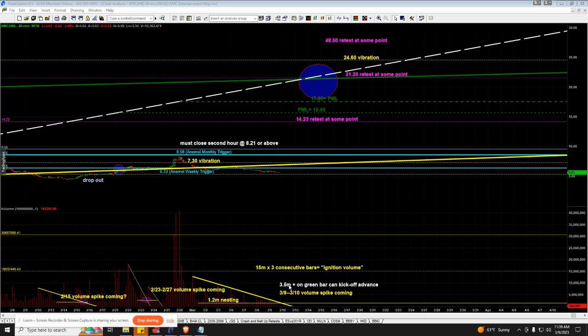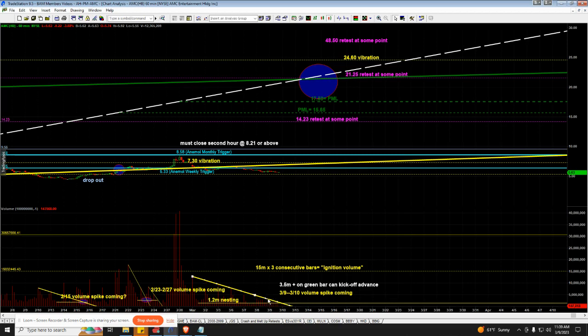So you see there's a new note that I put here, 3.5 million plus on a green bar can kick off the advance. So the reason I say 3.5 million is what I like to do in these patterns is if we're in a downtrend, which we are here, I go back and I look at the spiking volume within this volume downtrend.